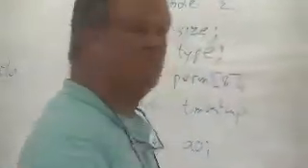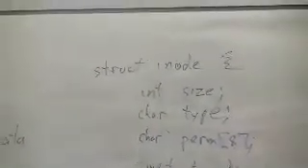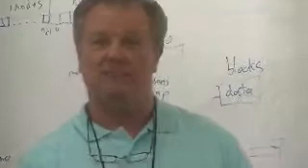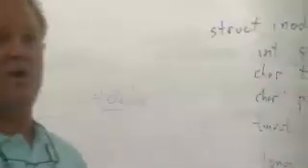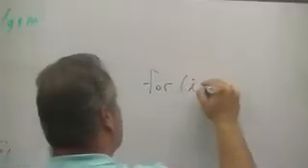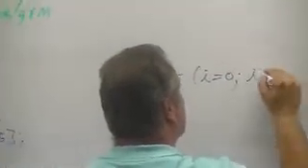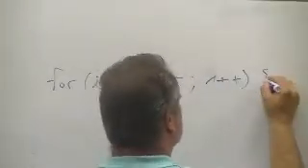Okay, now what do I need to do? Don't I need to put some data into blocks? But before I can put data into blocks, what do I need? I need empty, free blocks, some block numbers, don't I? Yes. Right? So, for i equals 0, i less than 5, i plus plus, and what do I do?